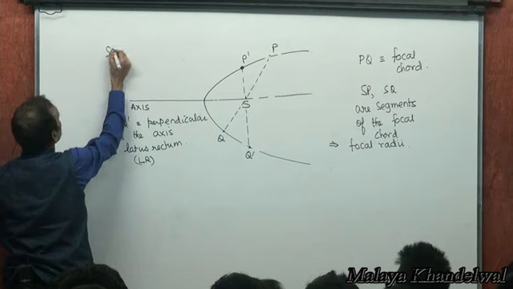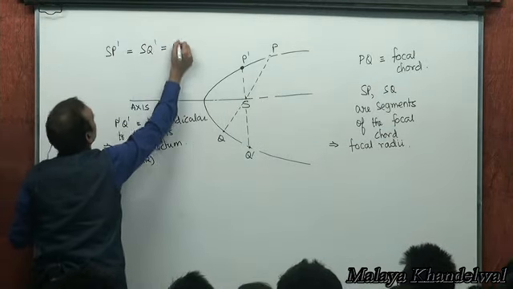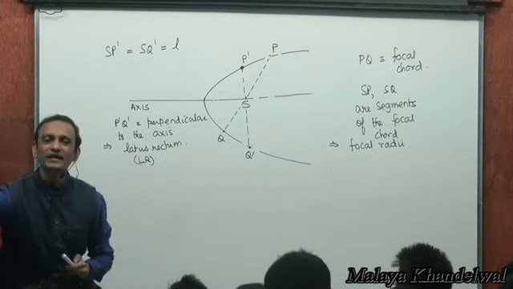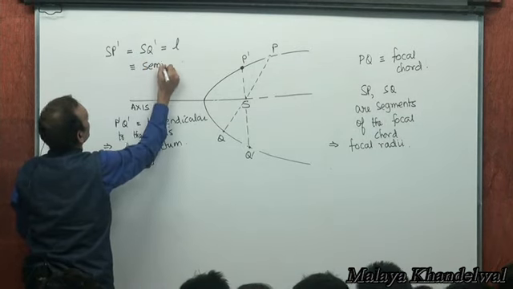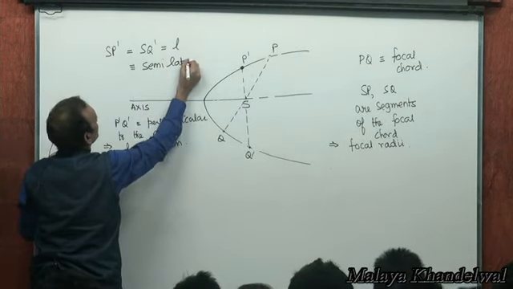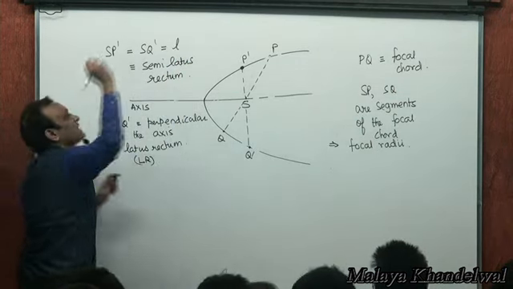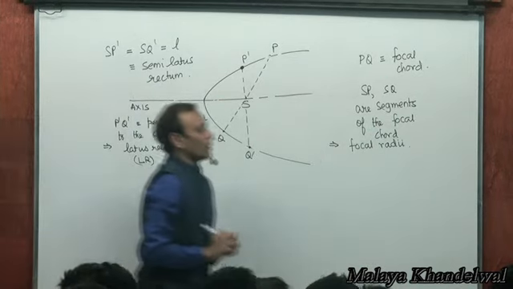Both are equal to L, and it's called the semi-latus rectum of the conic.